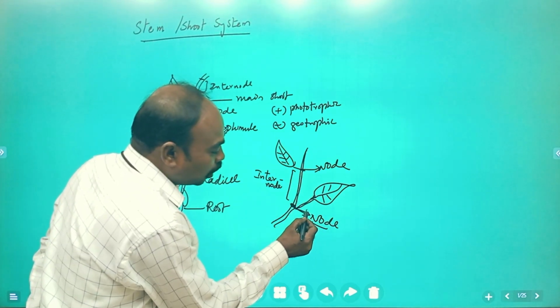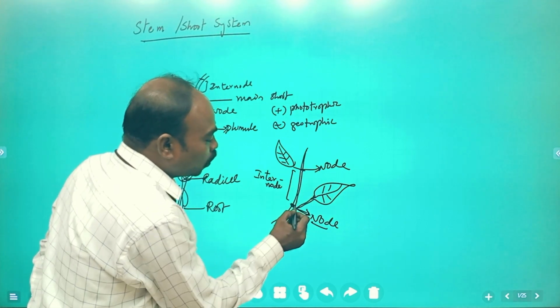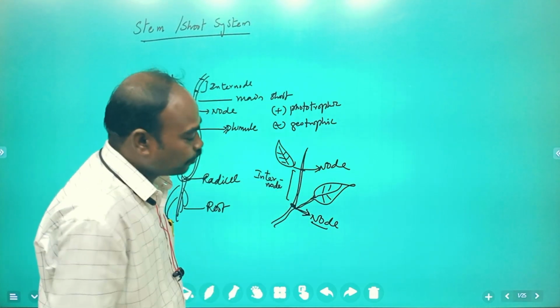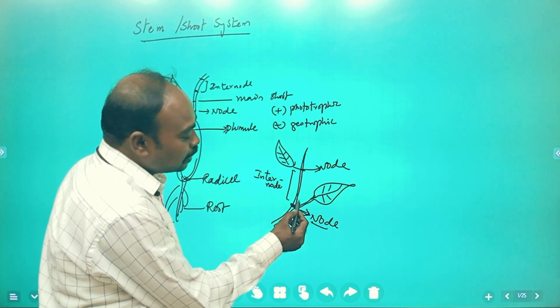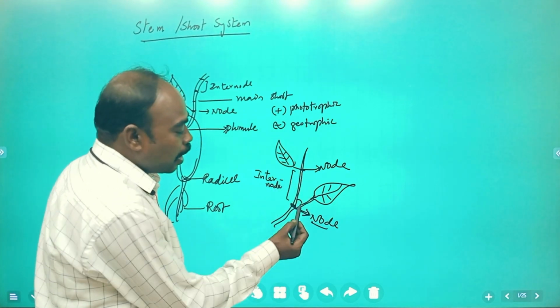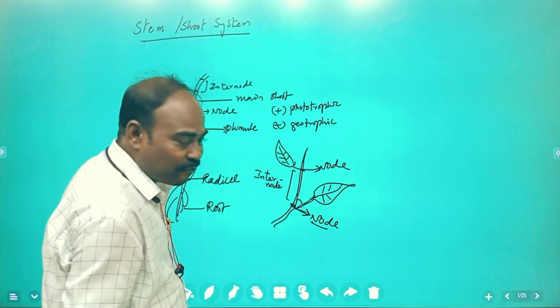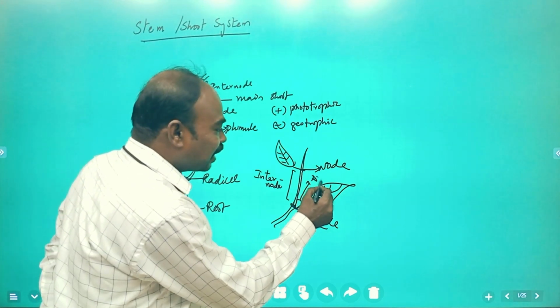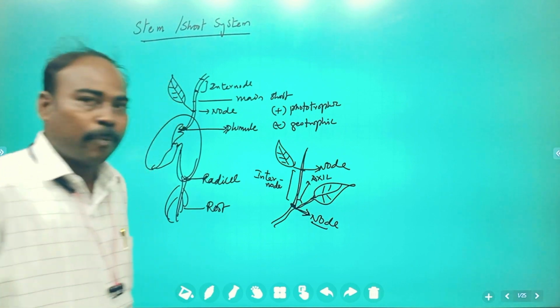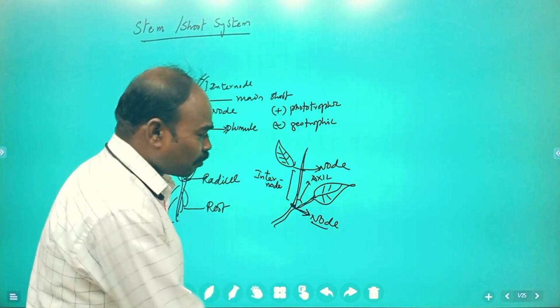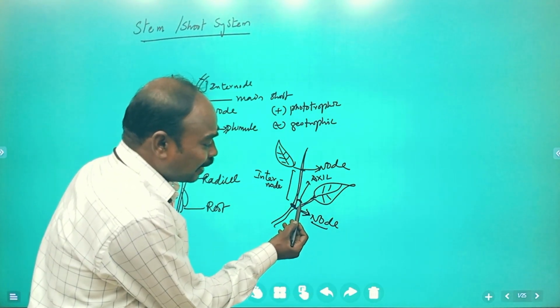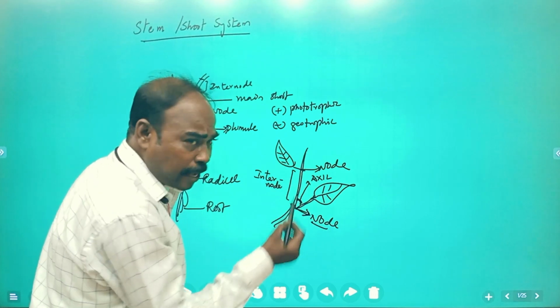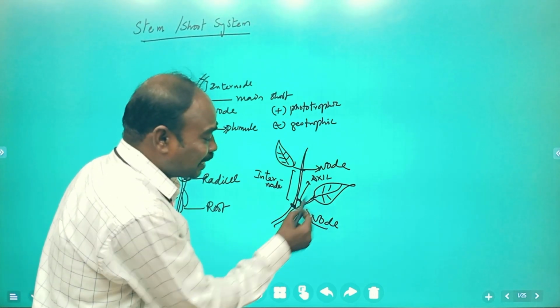That area is called node. In between two nodes, the area is called internode. The upper angle between the stem and leaf is otherwise called axil. Very important point, please note this.